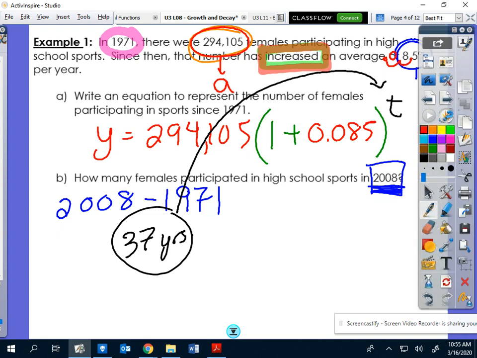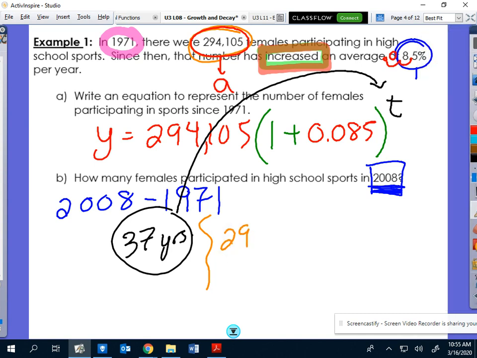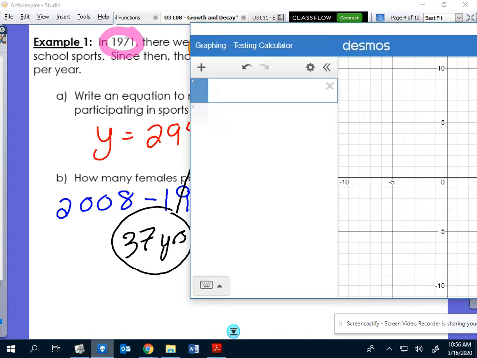So if we do that, and this is all Desmos, we can type this into our calculators. 294,105, 1 plus 0.085, all raised to the 37th power. And so here's where we get to get Desmos involved, because we can just type straight in.